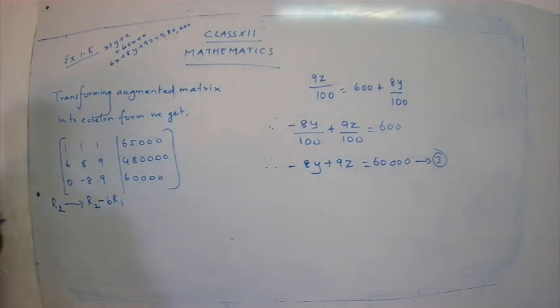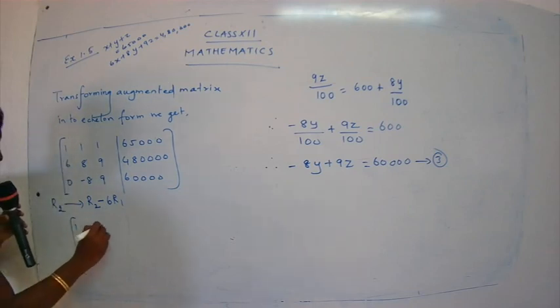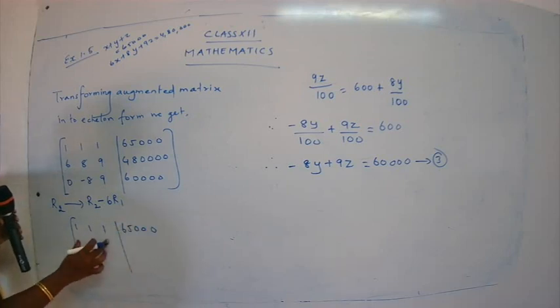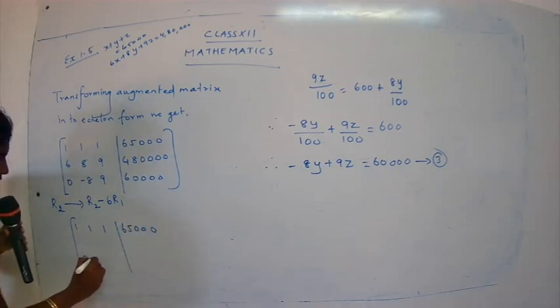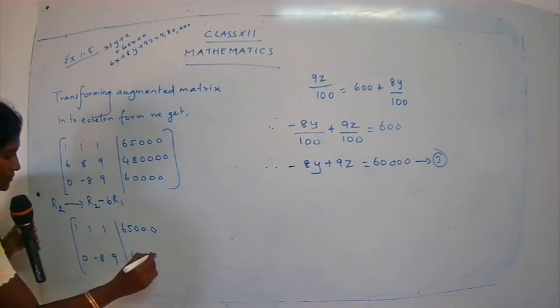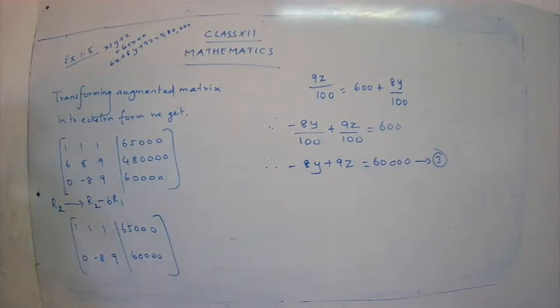Keep the first and third rows as they are: 1, 1, 1, 65,000. Here we do the change. Complete the second row, children, and keep your answers ready so that we can check them.